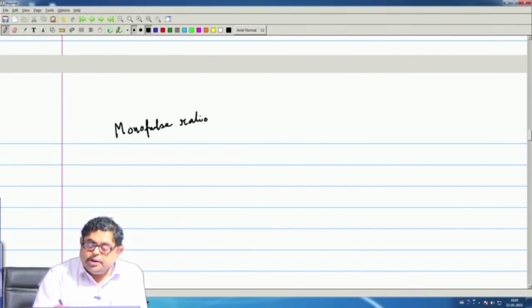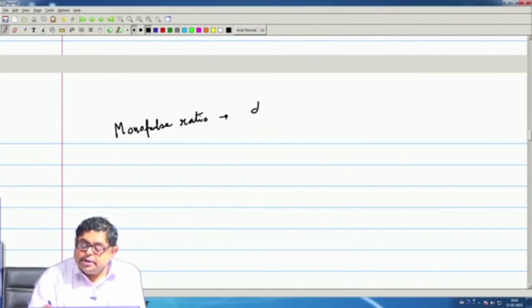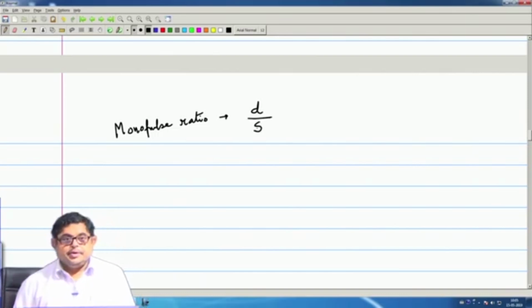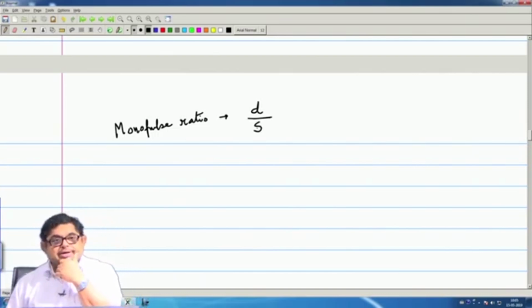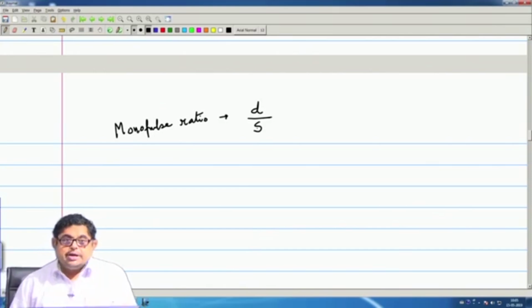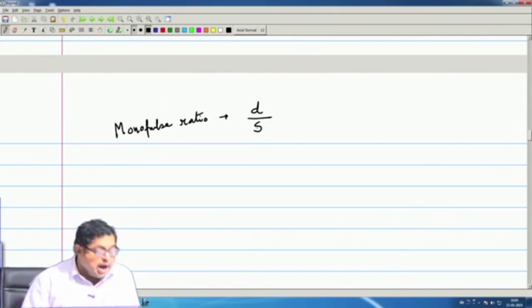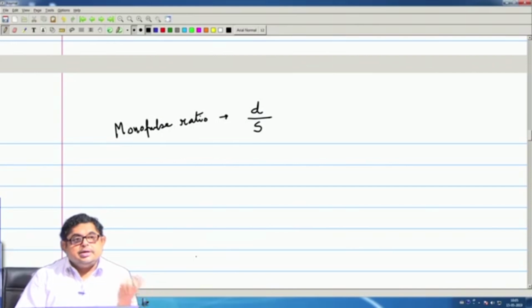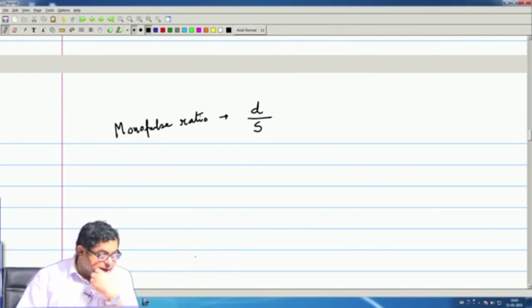We have seen the monopulse ratio is D by S, but actually it is a complex quantity, a phasor. Why is it complex? Recall the concept of complex envelope.